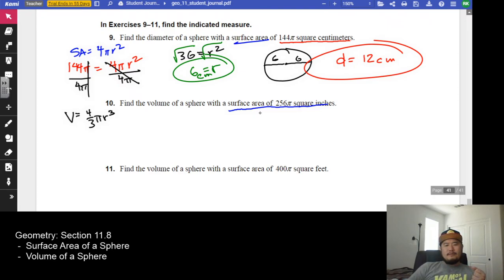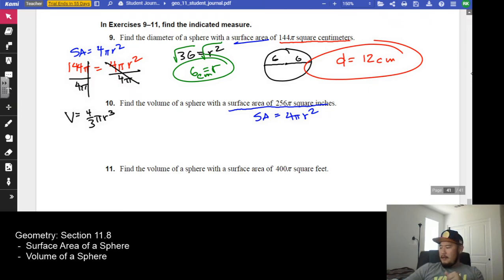Well, surface area is equal to 4 times pi r squared. What do they both share in these equations? They both have that radius. So we need to use the information with the surface area to find the radius, and then that could help us get to the volume.